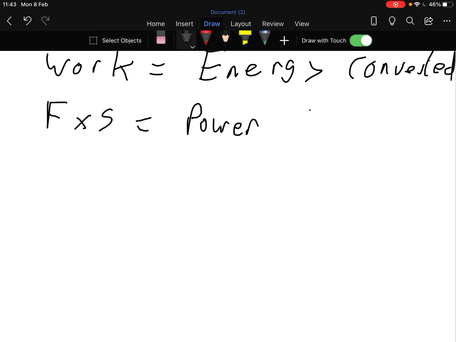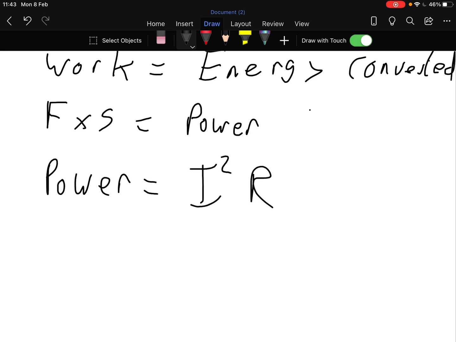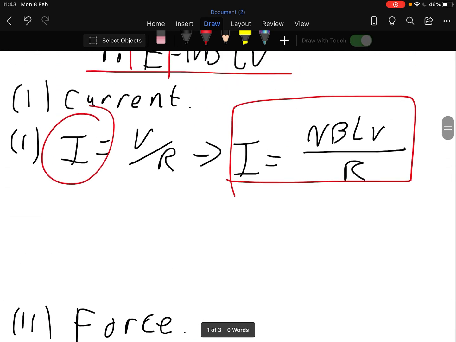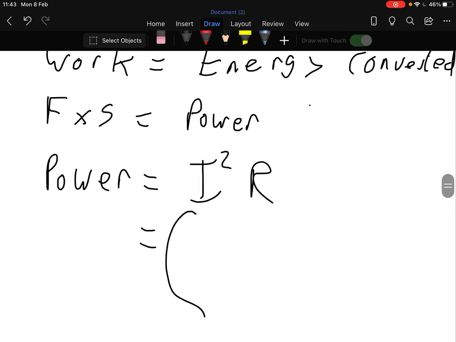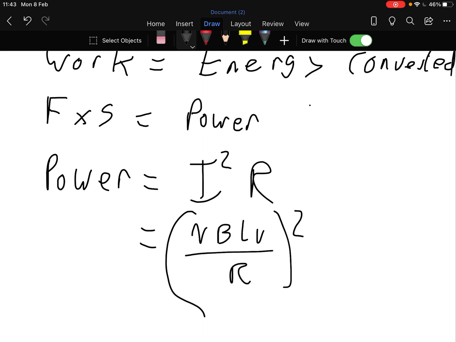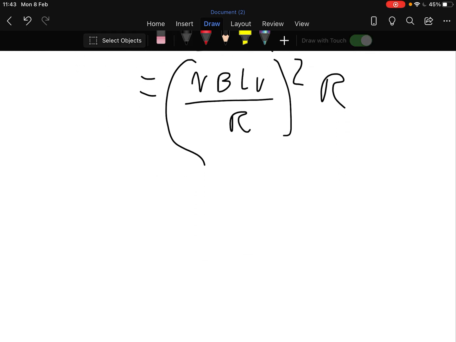Now, power is equal to I squared R, and we were told earlier the current is NBLV over R, so that's going to be NBLV over R, squared, times R. As you can see, this is getting very messy, okay?